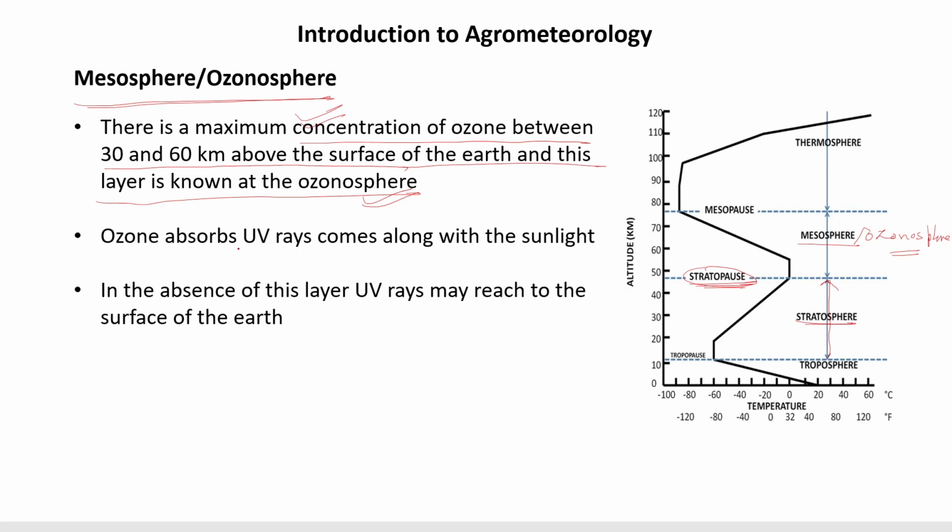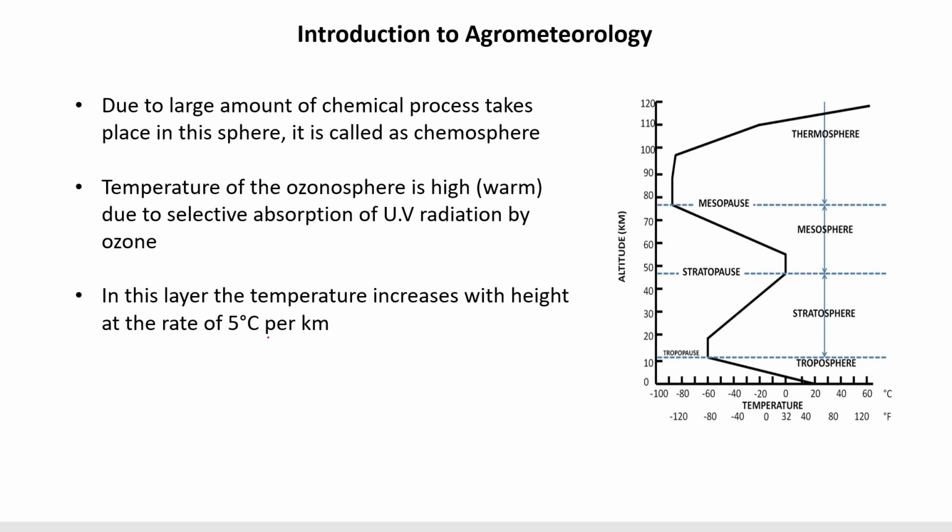Ozone absorbs the UV rays that come along with sunlight. In the absence of this layer, UV rays may reach the surface of the earth. Due to the large amount of chemical processes that take place in this sphere, it is called the chemosphere. A lot of photochemical reactions take place in this layer, so it is also called the chemosphere.